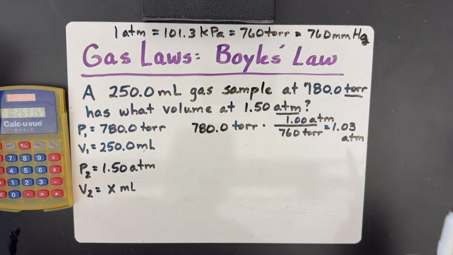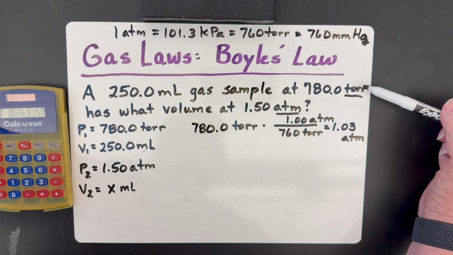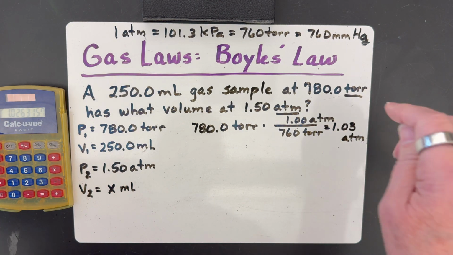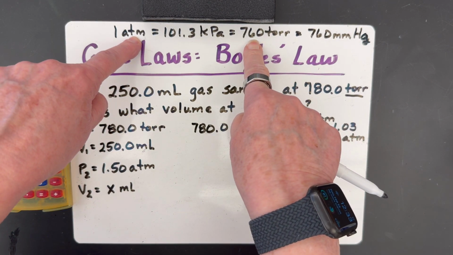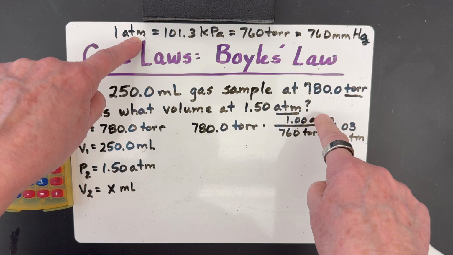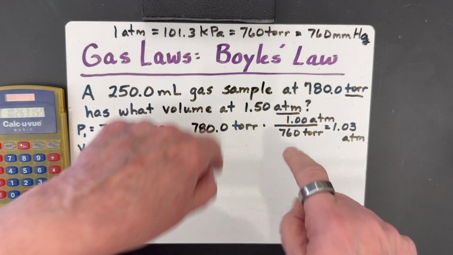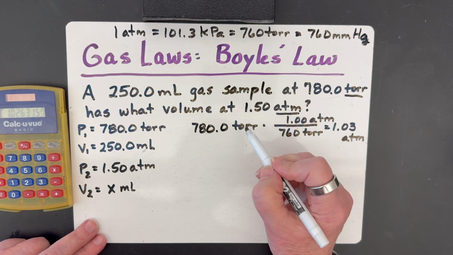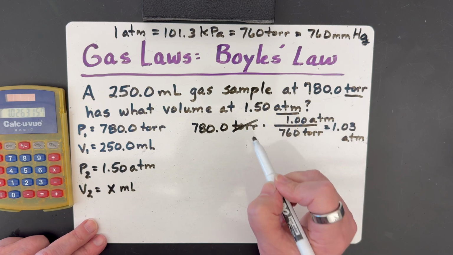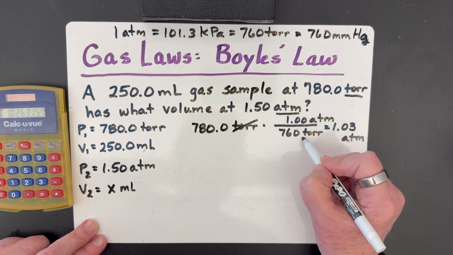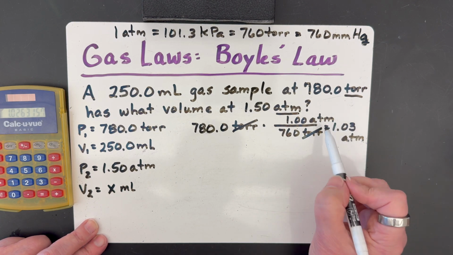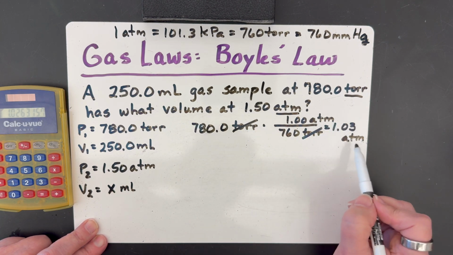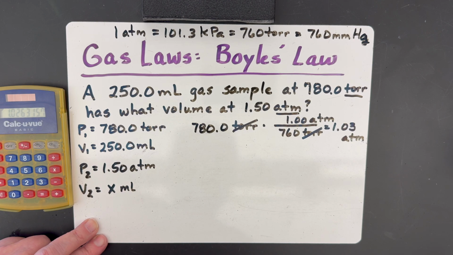So since we had torr and atm, we had to use this conversion factor. 1 atm is 760 torr, and since we were given torr, in order to cancel that unit, we had to put it on the bottom and put our 1 atm on top so that that unit cancels, and we're just left with atm in our final answer.